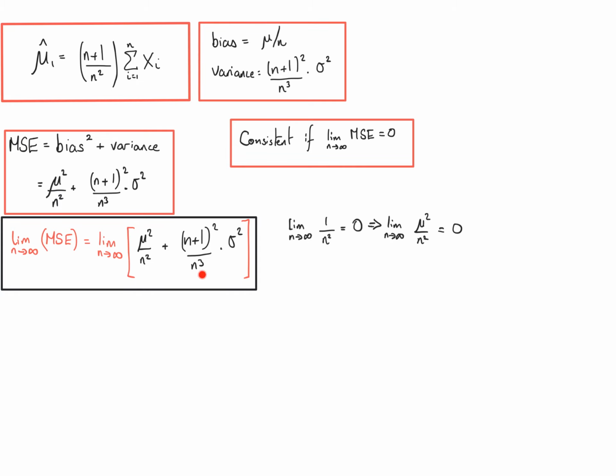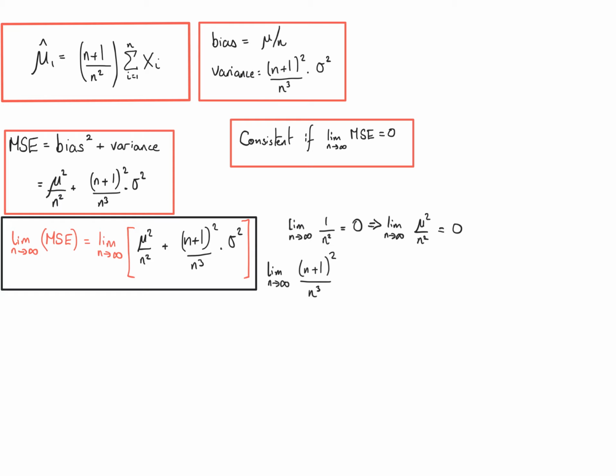Looking at the second term, let's look at the limit as n tends towards infinity of n plus 1 squared over n cubed. Now we've got something that will tend towards infinity divided by something that will tend towards infinity.